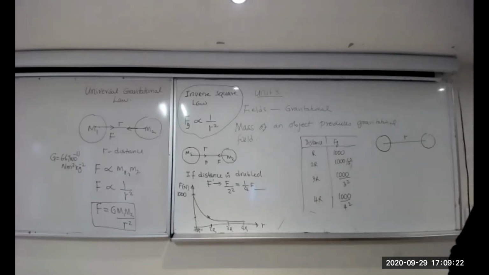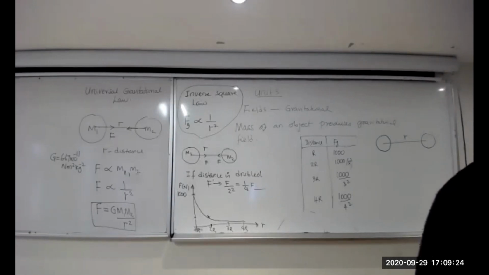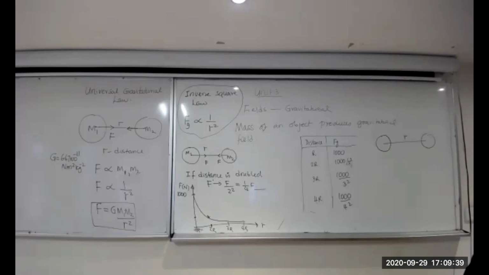I wouldn't think anyone has a problem with that. It's just a matter of converting kilometers to meters, or being careful if they give the masses in tons or whatever. Apart from the units, I don't think you have any issues calculating the gravitational forces.